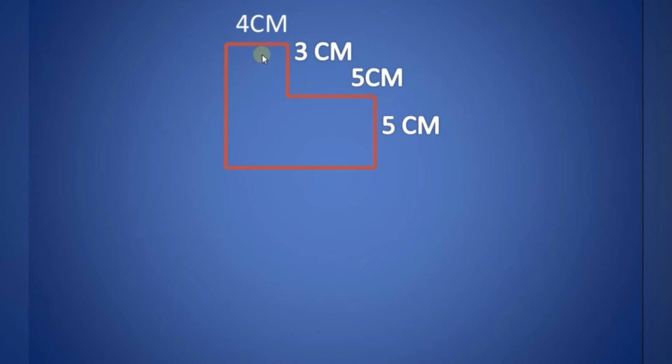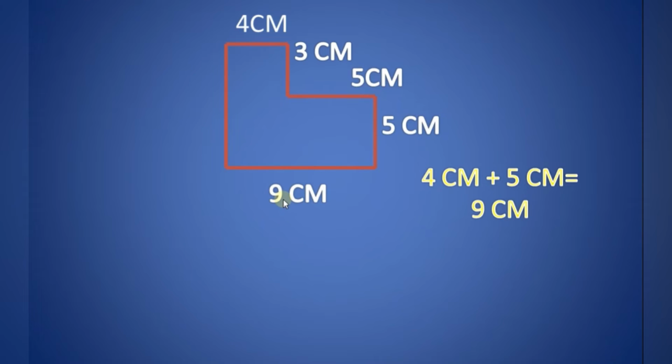If you put those two lengths together, you realize that it is the same measurement as the bottom length that we need to find. So what we need to do is to add 4 plus 5 to get the bottom length. Therefore, 4 centimeter plus 5 centimeter is equal to 9 centimeter. So the bottom length will be 9 centimeter.